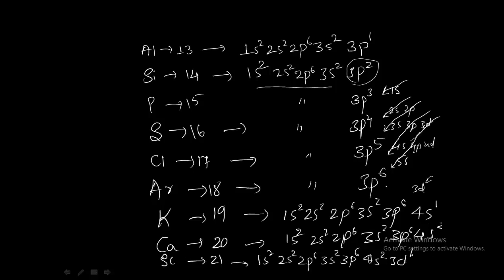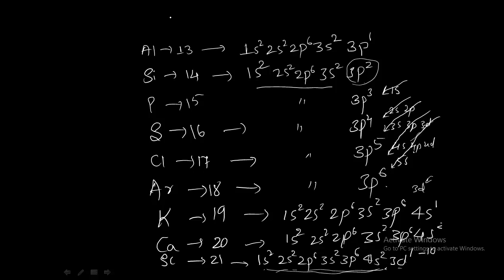There the electrons in the d subshell will go on filling up to 10. 1 to 10. The rest will remain the same, that is 21 to 30. The electronic configuration up to this will remain the same. The only change that you will observe is in the electrons present in the d subshell. That will vary from 1 to 10.